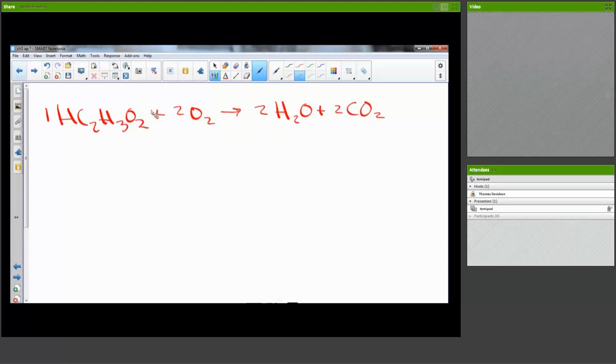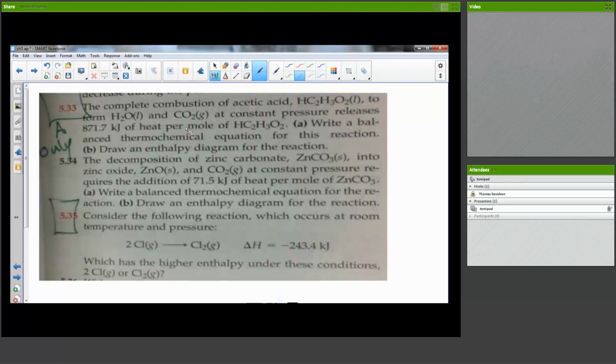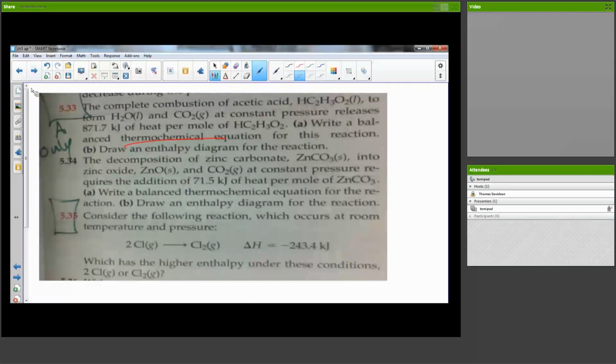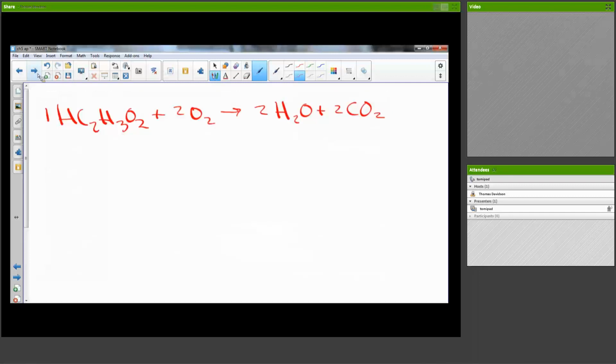Now, this problem says write a balanced thermochemical equation for this reaction. All right, so it's just a teeny bit tricky. Well, I shouldn't even say tricky, different. All right, it tells you that this releases this many kilojoules of heat per mole of this. You all right with that? So you can write this in two ways. You can put at the end that delta H equals, it released it, right?